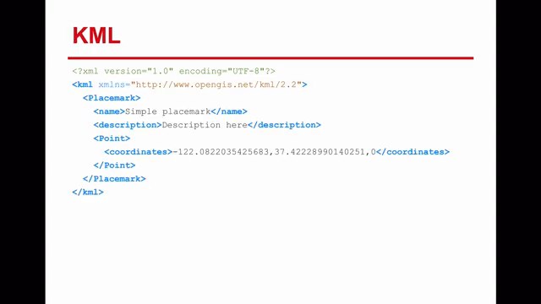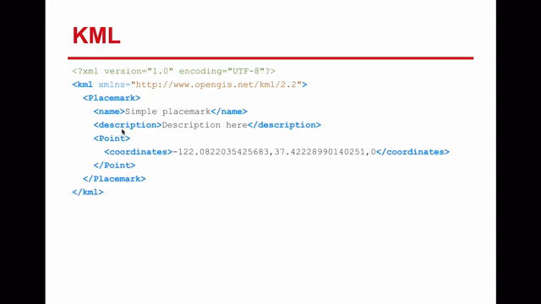So from XML to KML, the KML is just a specific format as a subset, and this is mainly to describe geospatial data. So when you're writing a KML, first you need to enclose everything inside a placemark, and the placemark can contain name and description.